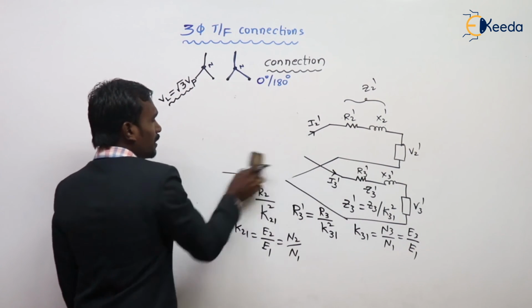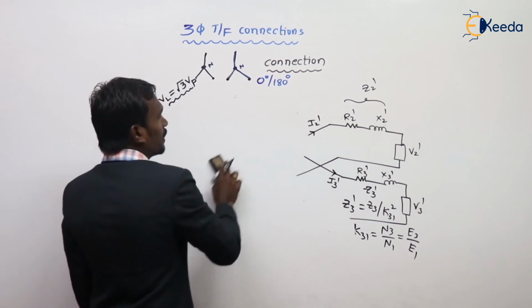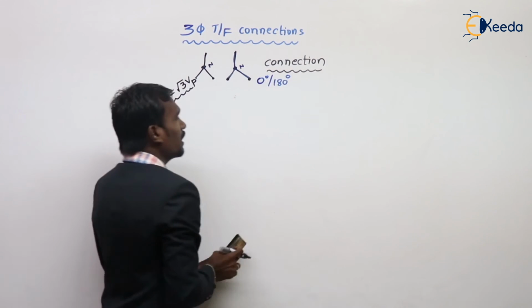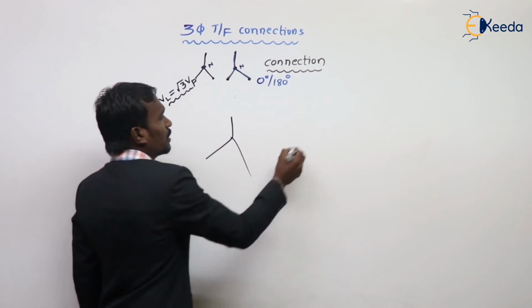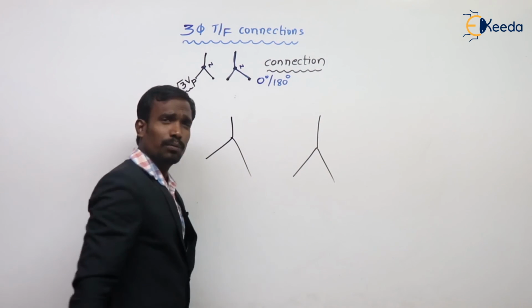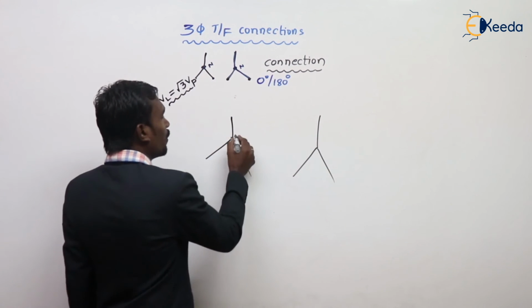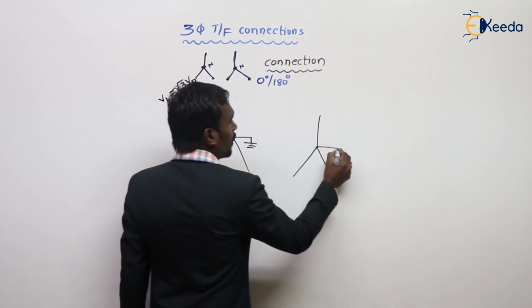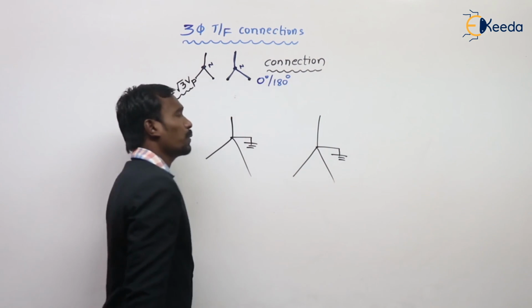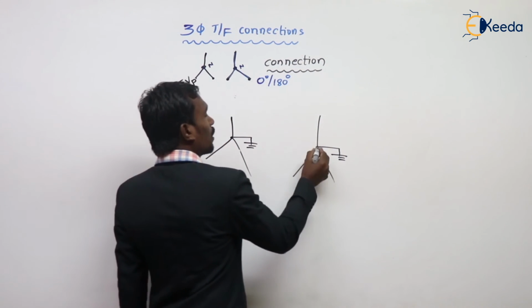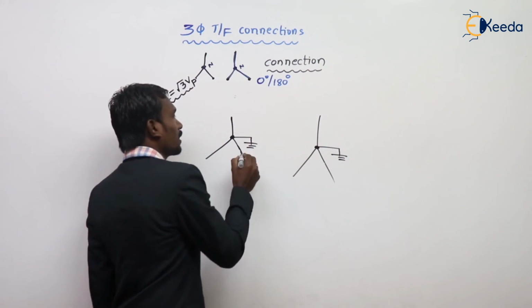Generally, in star-star connection, there is no closed path for third harmonics. That's why we have to provide a closed path for third harmonics by neutral grounding.